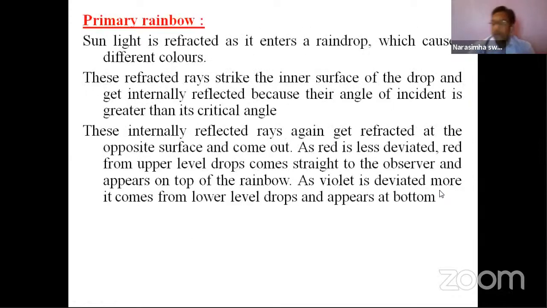Now there are two types of rainbows. As per our syllabus, the two cases are there. This is also one of the important questions, for 4 marks, so you practice them. If you understood how the rainbow is formed, what was it?